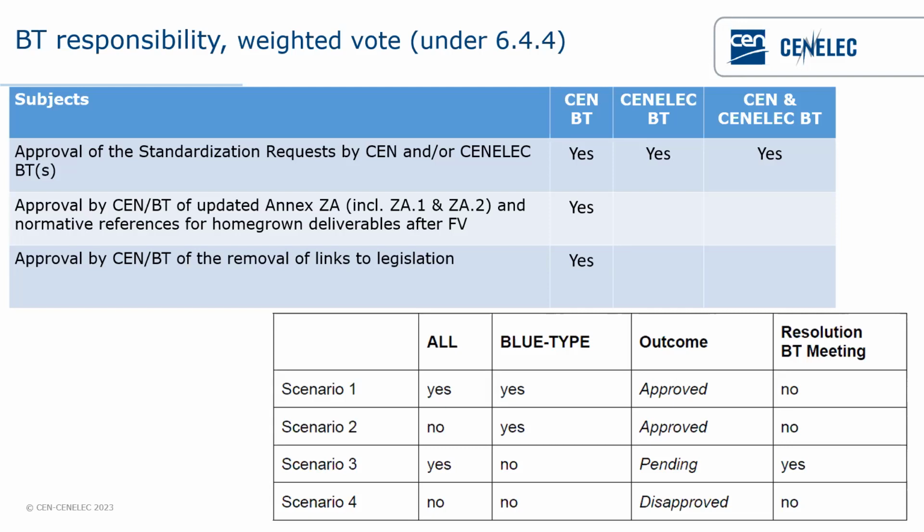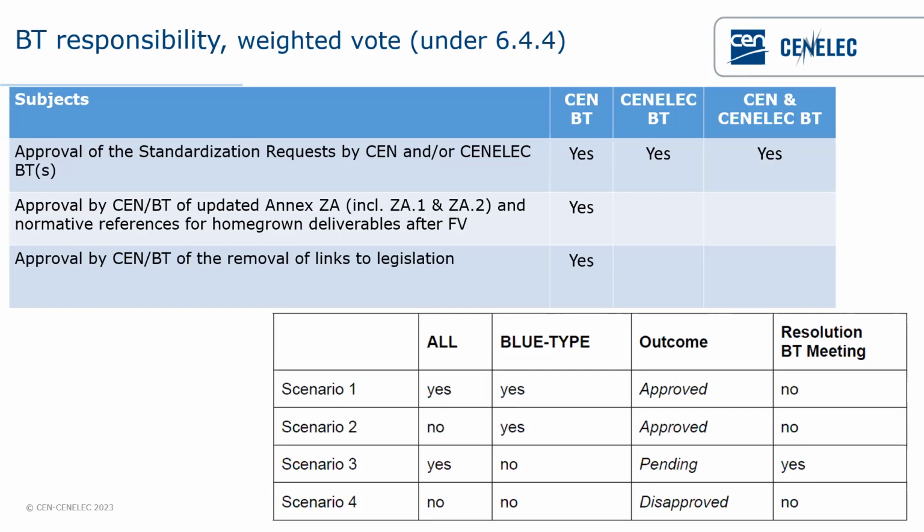The BT will vote, and the scenario is the one below, the scenario for weighted vote, which means that the standardization request will be approved if the outcome with all members and blue-type members is positive. If the outcome with the blue-type members only is positive, while the outcome with all members is not, then it goes pending.